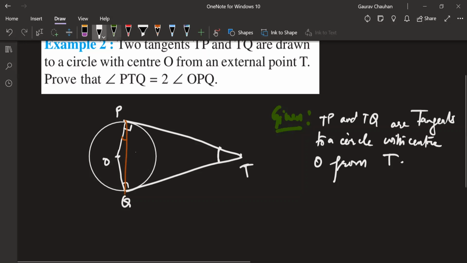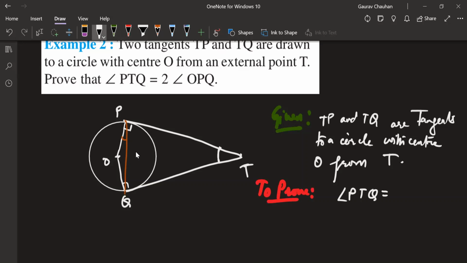It has to be from an external point only. To prove is angle PTQ is equal to 2 times angle OPQ.